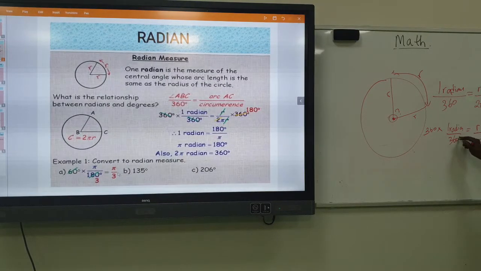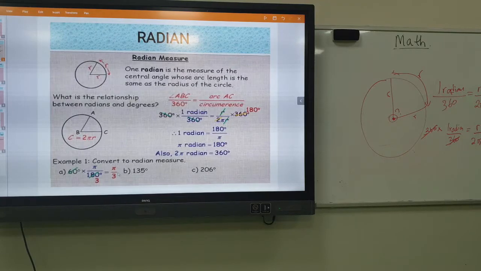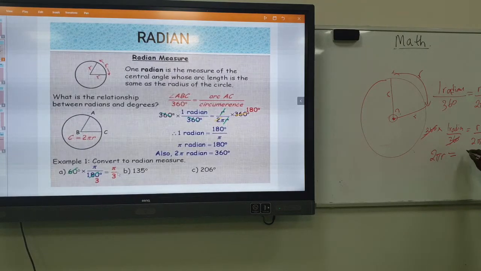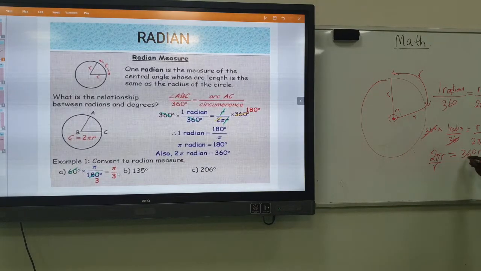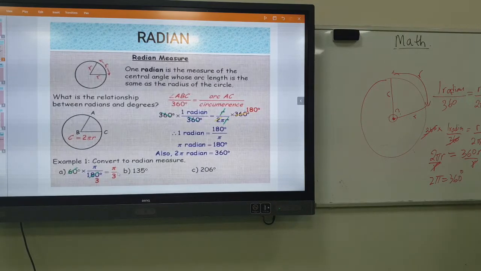I simplify. This cancels this, and I'm left with this. Please. So if I cross multiply, you can see that 2 pi radian equals 360 r. Then I divide both sides by r, then 2 pi equals 360 degrees.